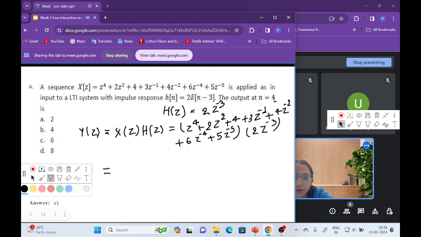So what will be 2 z to the power 4 minus 3?